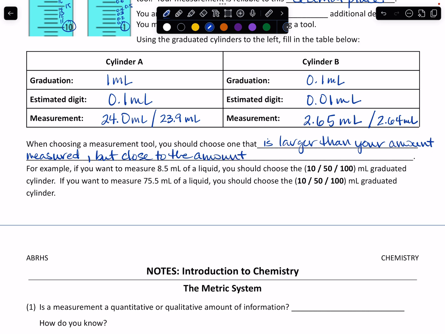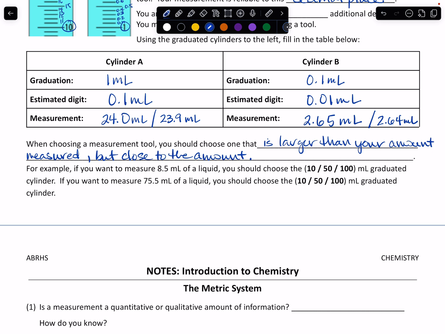All right. To get the most accuracy for that measurement, then I want to make sure I'm not choosing a tool that's too big for what I'm trying to measure or too small for what I'm trying to measure. I want one that is bigger, but I want it to be as close as possible.